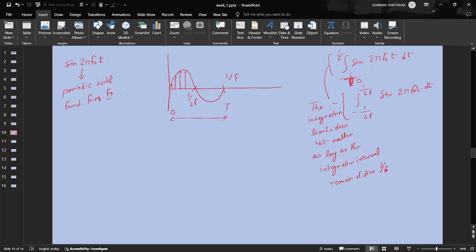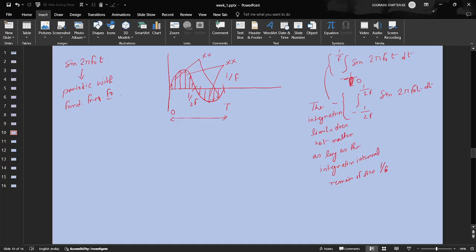in one period any sinusoid will have positive cycles and negative cycles, right? So what will happen when you integrate this sinusoid over one period? What is going to happen? This one here and this one here cancel each other out, positive value, negative value. Similarly this here and this here, they also cancel each other out.